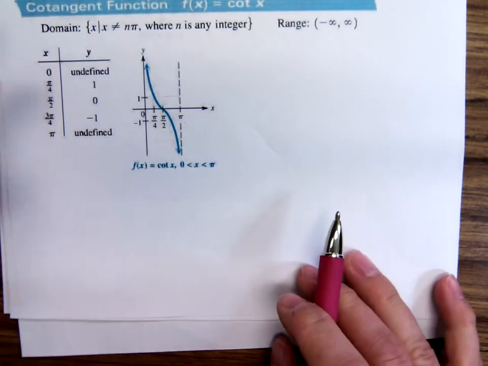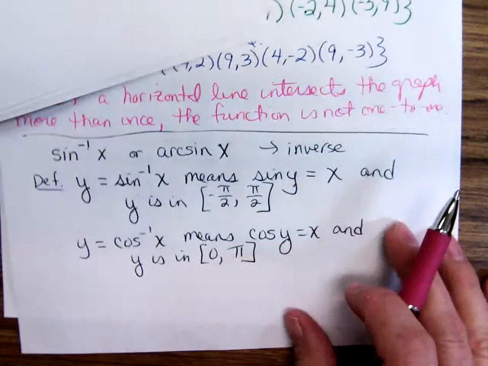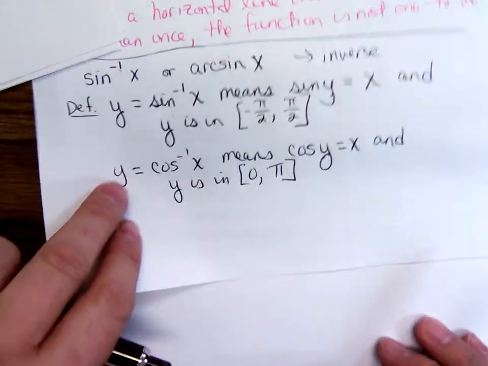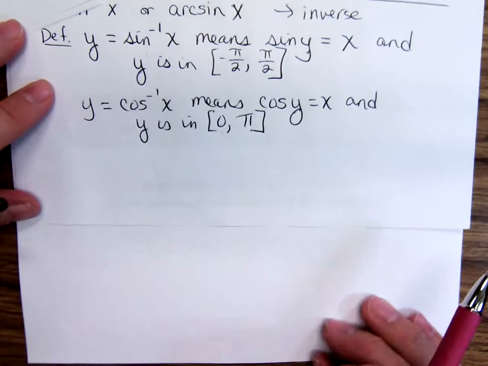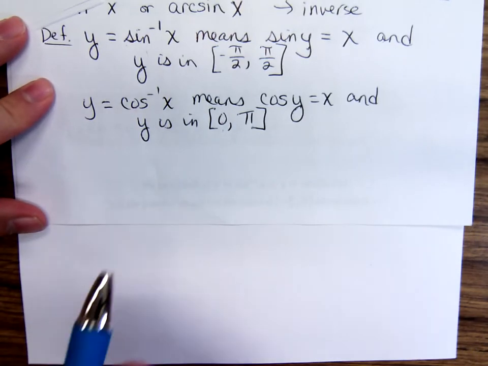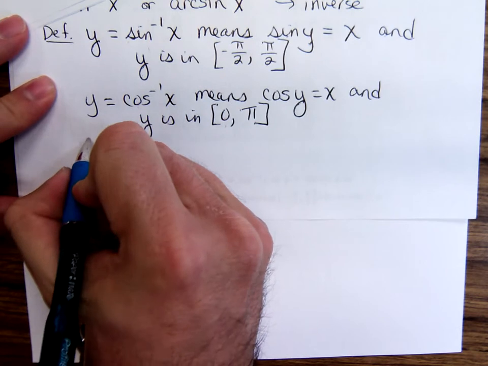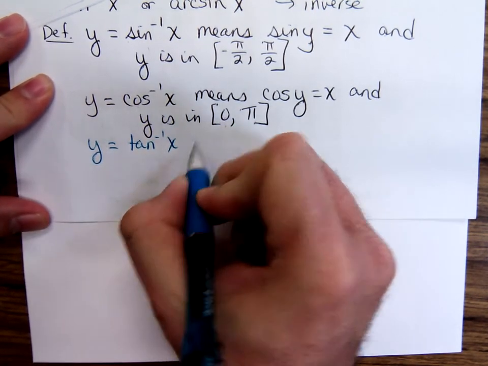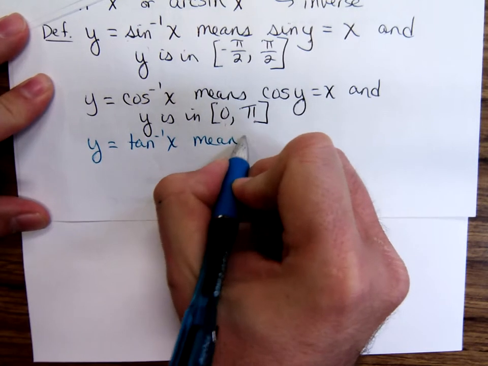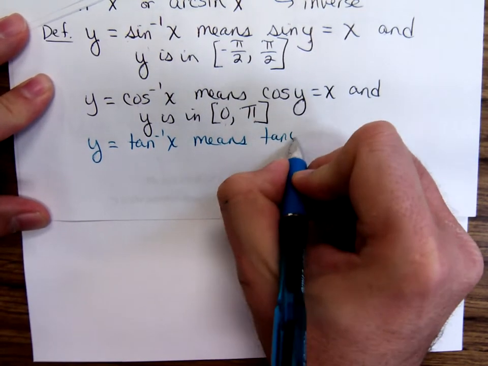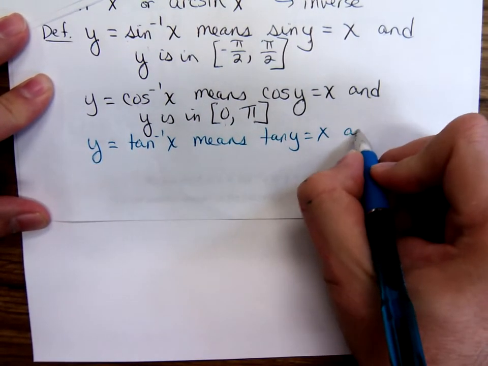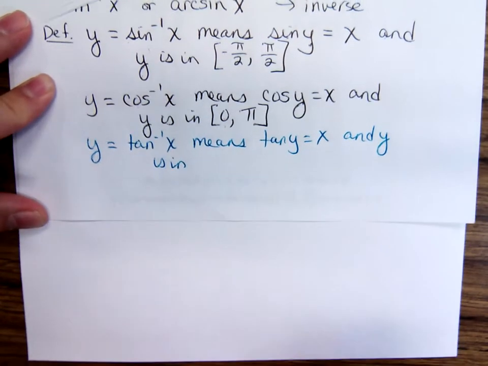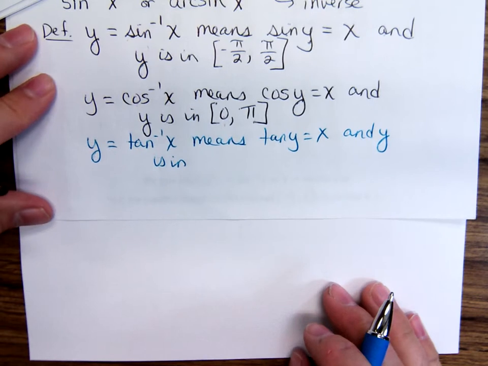So to complete these definitions, I'll write it right here. y equals inverse tangent x means tangent y is x and y is in. Now it's a little formality, but I want this to look formally correct.